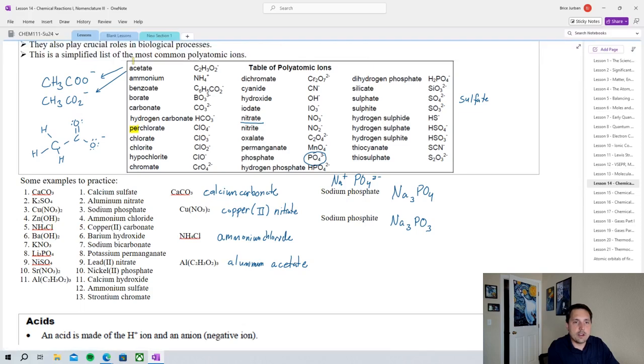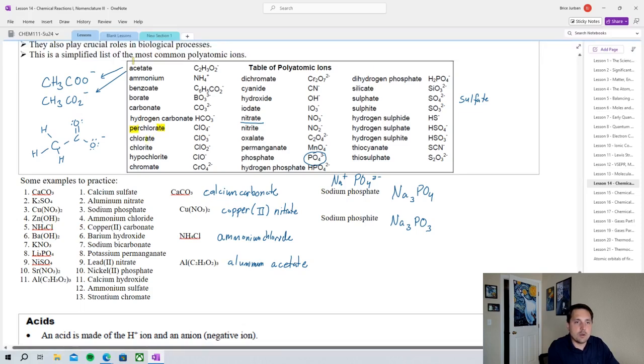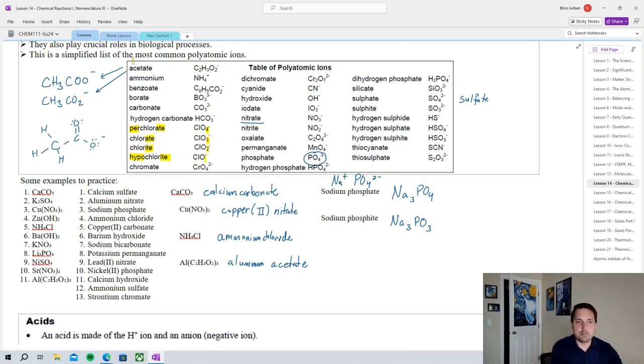the perchlorate series, where we add the ending of -ate when you have more oxygens, but as we get to fewer oxygens, we drop the ending to -ite, and the greatest number of oxygens is given the prefix of per, and the lowest number of oxygens is given the prefix of hypo.